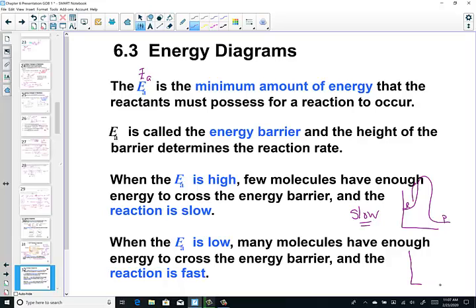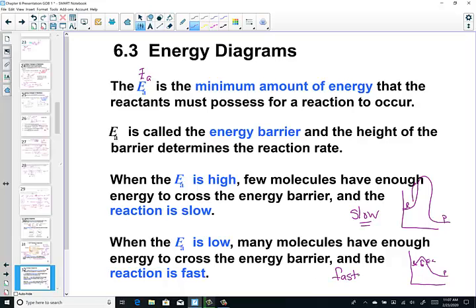In comparison, if we had an activation energy that was quite small, in terms of reactants going to products, the energy barrier here is much smaller. That means that more and more molecules would have enough energy to cross over that hill, and the reaction would be very fast.